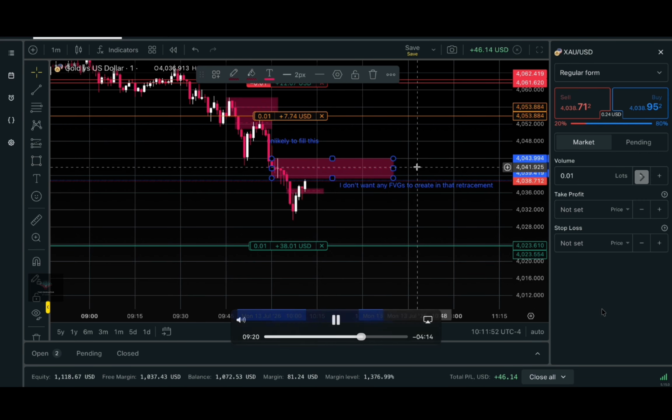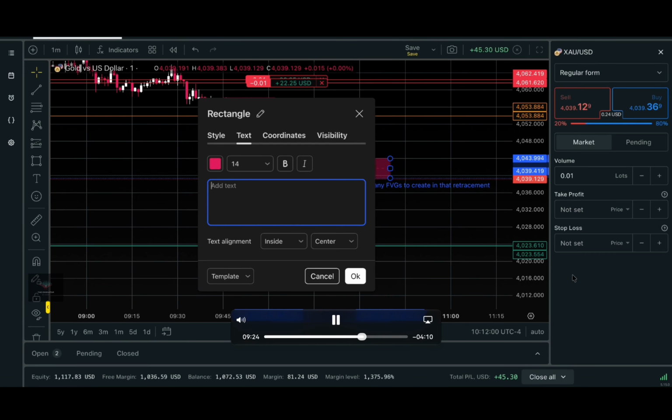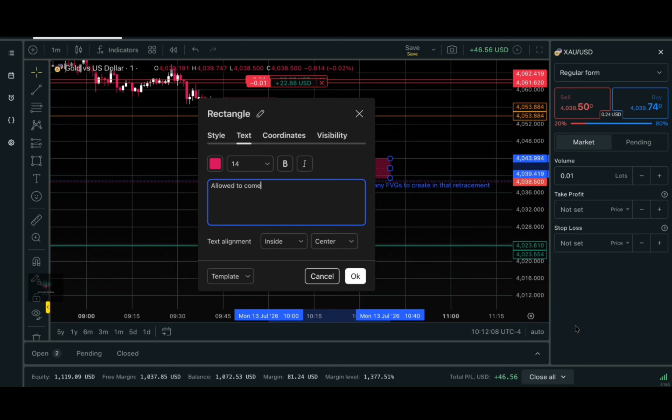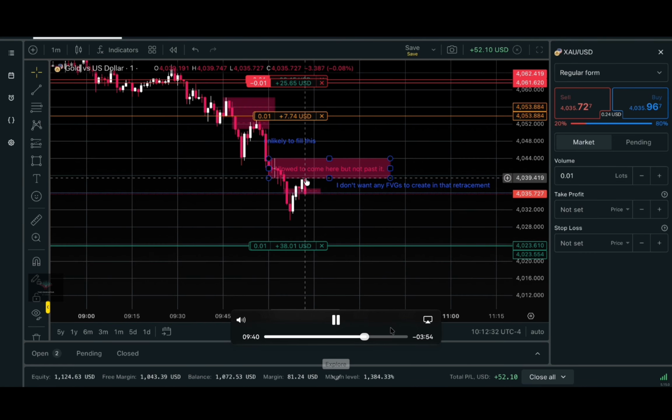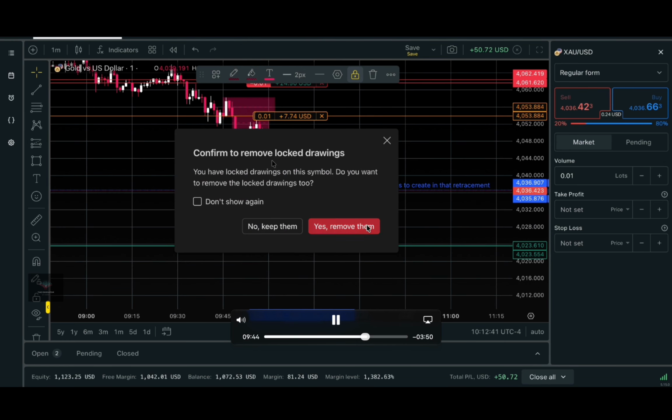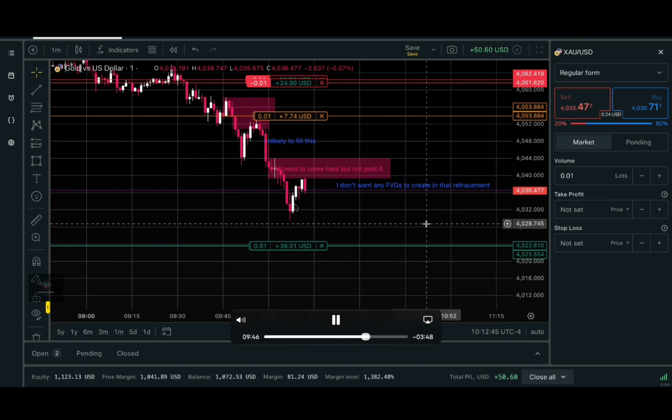You see here what I wrote, as I told you at the beginning of this video, that when the market is going down, the market shouldn't be creating any FVGs in its retracement, like here. You see, it came down and then it retraced into this order block.